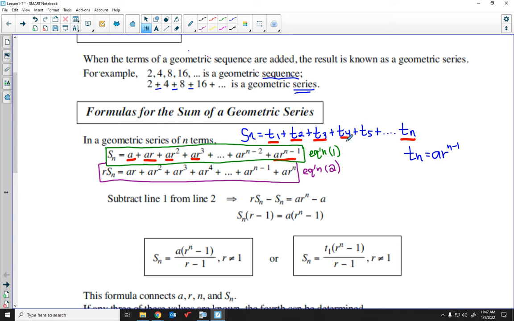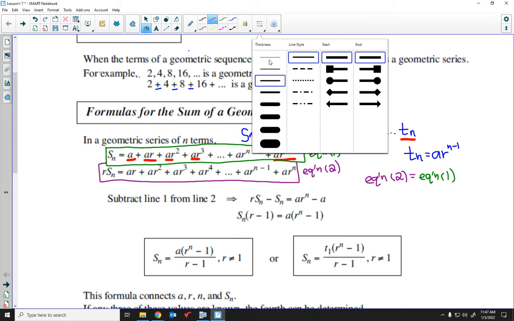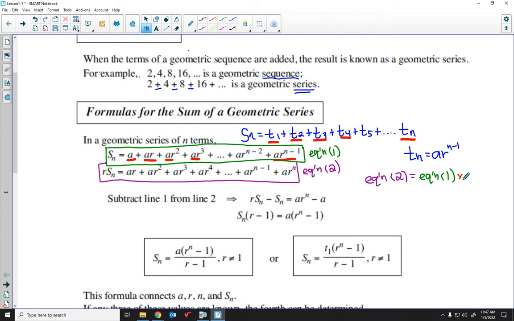To go from equation 1 to equation 2, equation 2 would be equal to equation 1. And what we're doing is we're taking every single term in equation 1, on both the left and right-hand side of the equation, and we're going to multiply every single term by an r value, the common ratio.